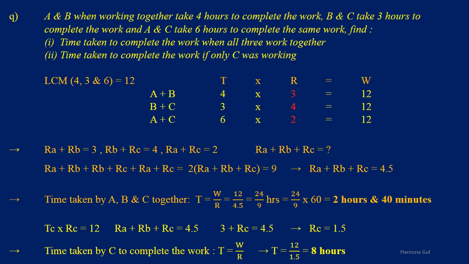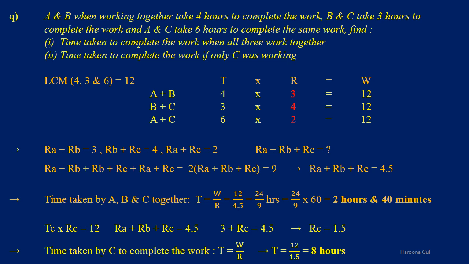We have to find the time taken to complete the work when all three work together. We have the combined rate of A and B, B and C, and A and C. So to find the first answer, what we need is RA plus RB plus RC. So we are going to add all the three equations.